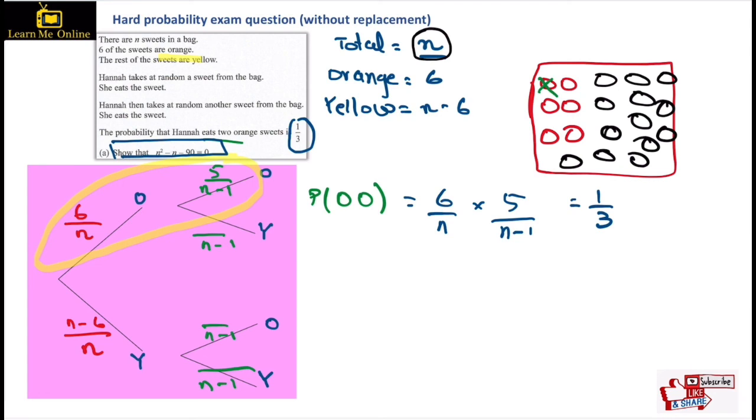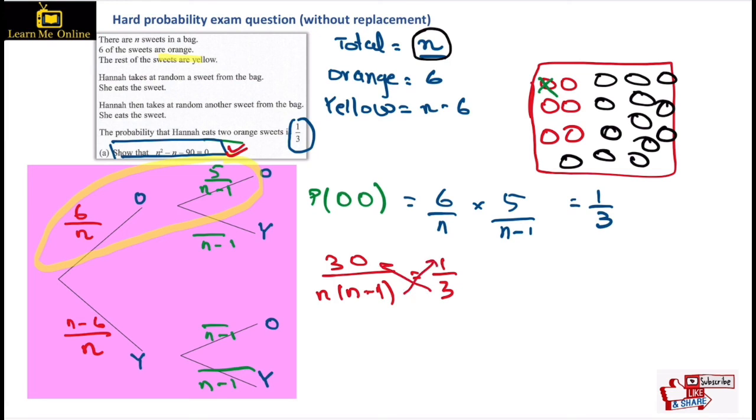So I'm going to simplify the two fractions. 6 times 5 is 30. In the denominator, we write n times n minus 1. And the whole thing equals 1/3. Solving, you multiply by 3 on the other side, and this side is multiplied by 1.